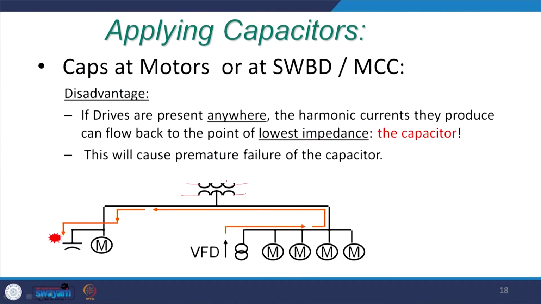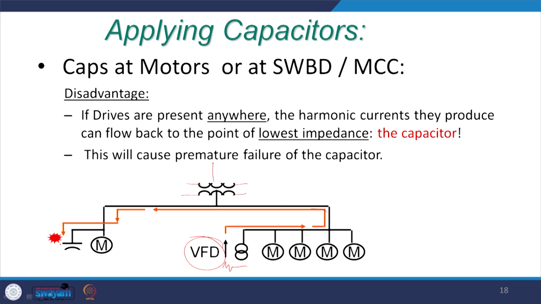For example, you see that this is the transformer, from there power is coming, and there is one entity, a variable frequency drive, and ultimately it is a harmonic source, and there are other machines. What happens, since it is a high frequency, the high frequency will get a path through the capacitor.